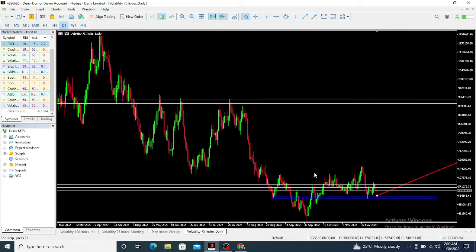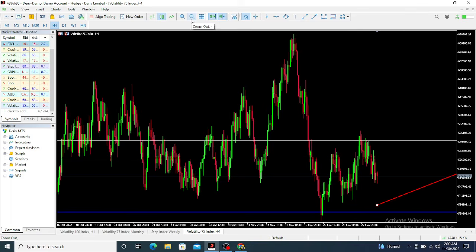I think this is a good zone too, but since the market is already at this zone, I prefer it to break above here to confirm the bias. So this level too is a good area. This level is a good minor area for V75 daily.